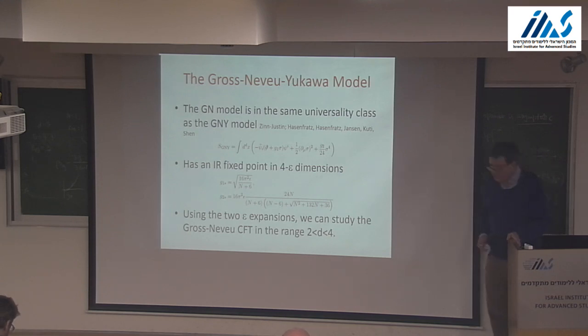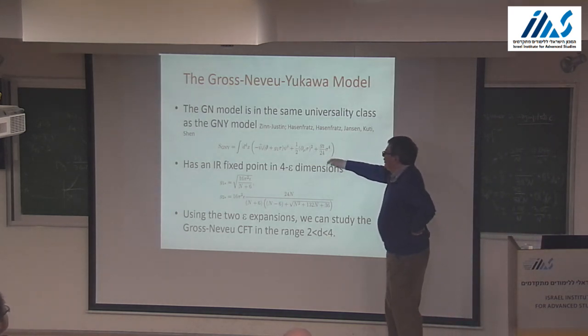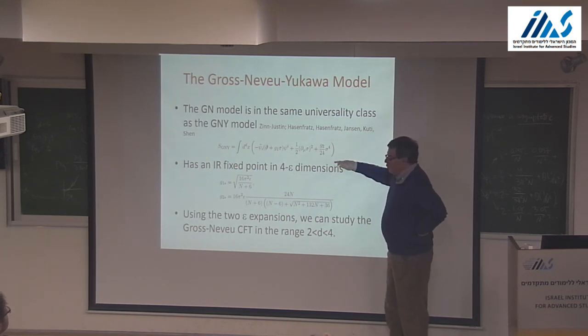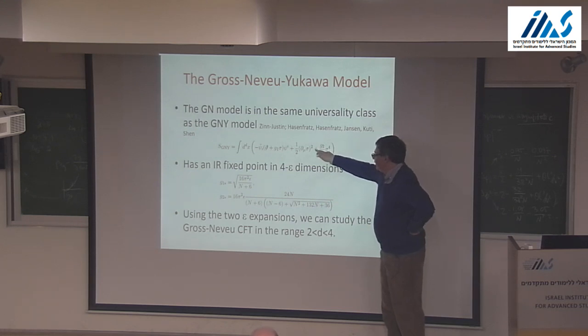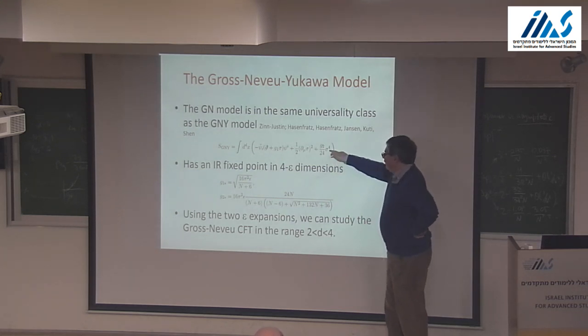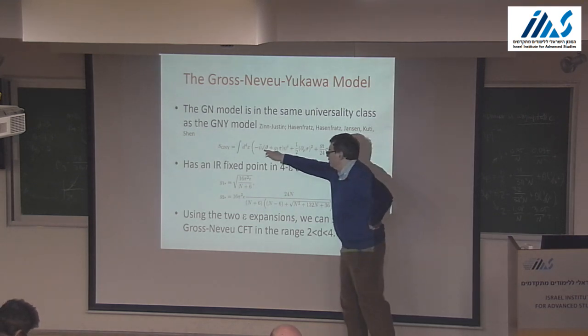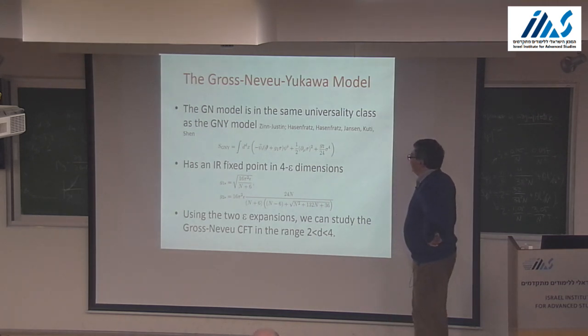And the way this works is you just basically write a multi-flavor Yukawa theory. So this Hubbard-Stratonovich field becomes like a regular quantum field near 4 dimensions with a regular kinetic term and the sigma to the 4 interaction. And it has a Yukawa coupling to the n flavors of Dirac fermions.